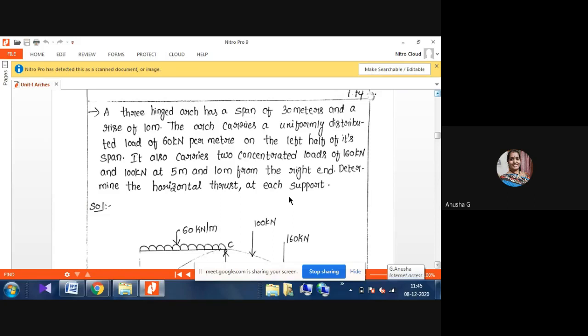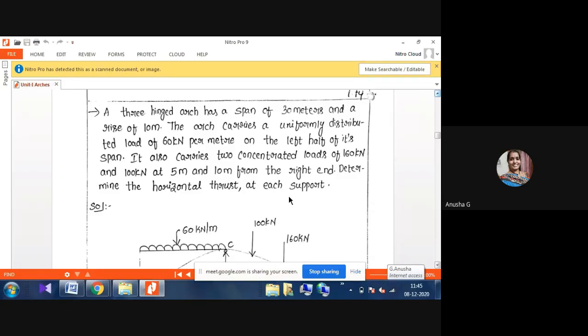Next, what they asked: the arch carries a UDL of 60 kilonewton per meter on the left half of its span. The total arch is 30 meters. Left is A, right is B, and C is the center, the crown.